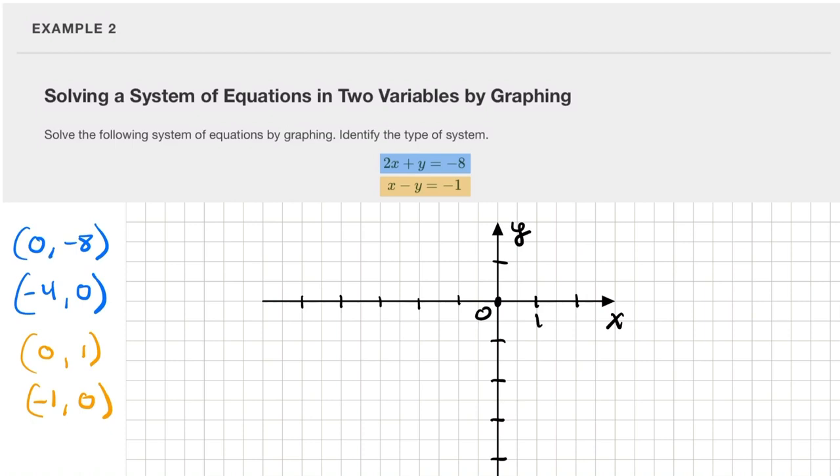We went 1, 2, 3, 4, 5, and these are negative. We went by 2's here: 2, 4, 6, 8, and these are negative. For the first one, we've got 0, negative 8, which is here, and then negative 4, 0 is here.